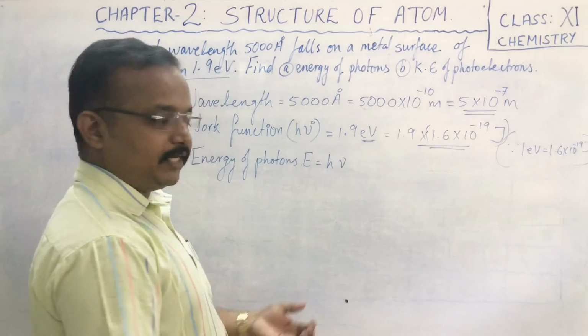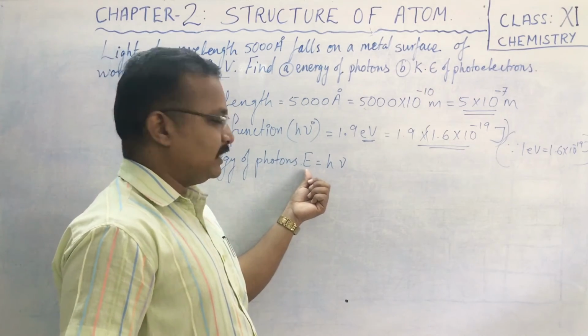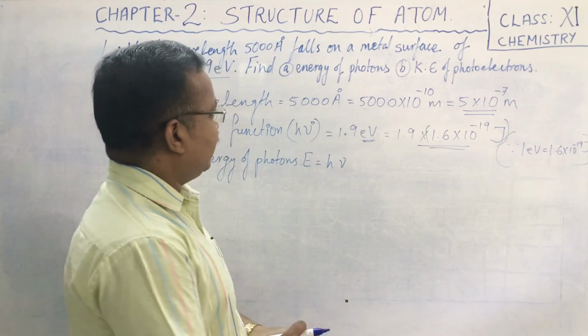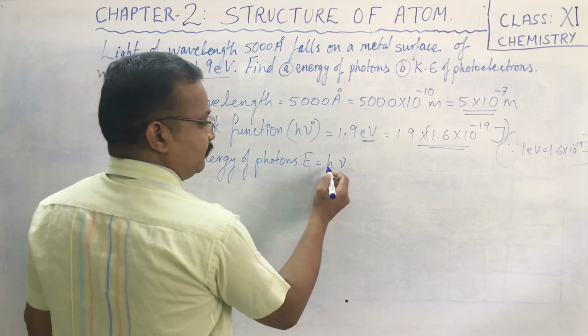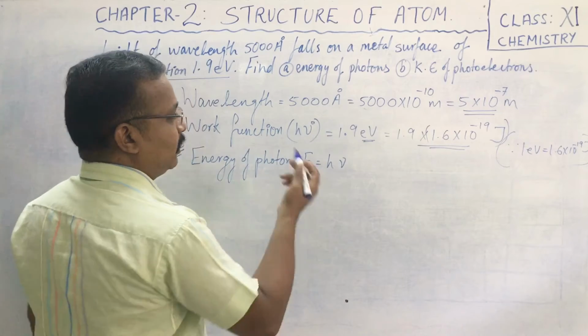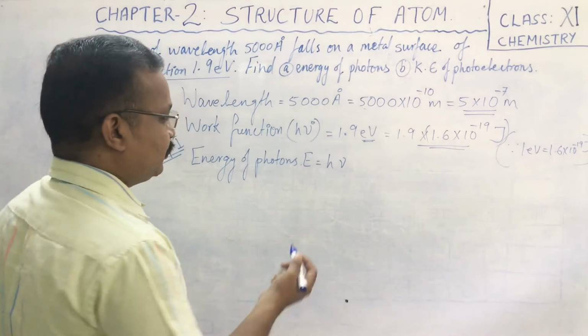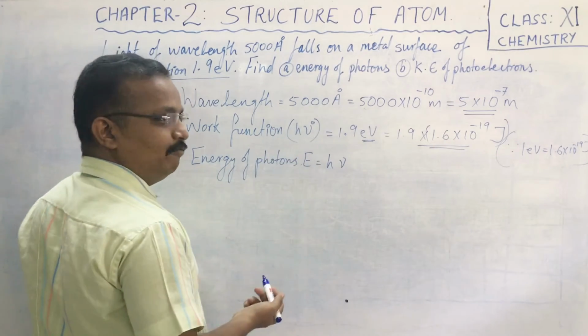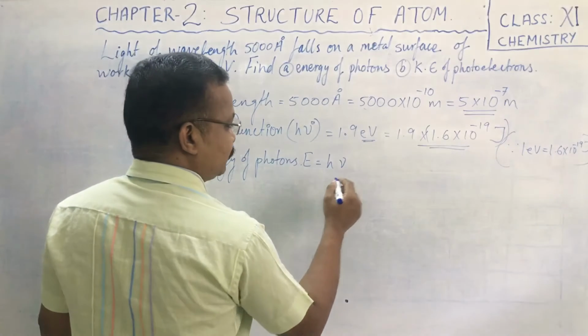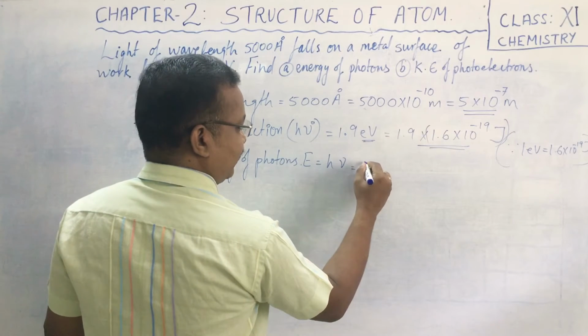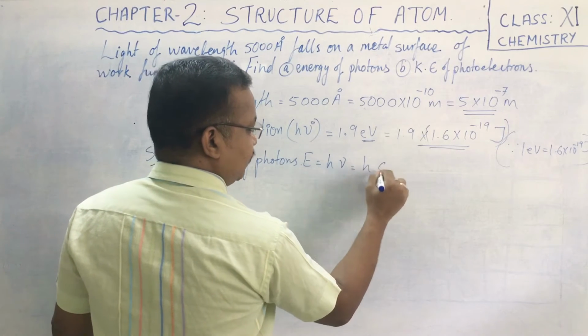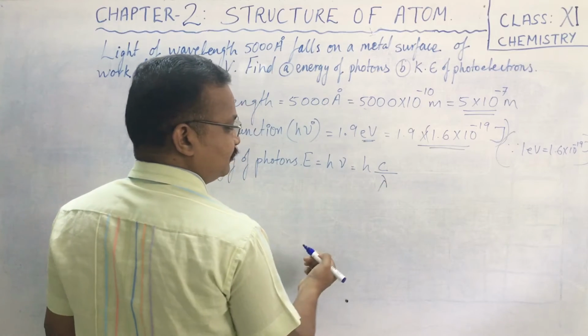Children, we have studied that the energy of a photon is equal to h nu. Here Planck's constant we know, but nu we do not have, isn't it? So instead of nu we have a wavelength. Nu is equal to c upon lambda, so we can write E equals hc upon lambda.